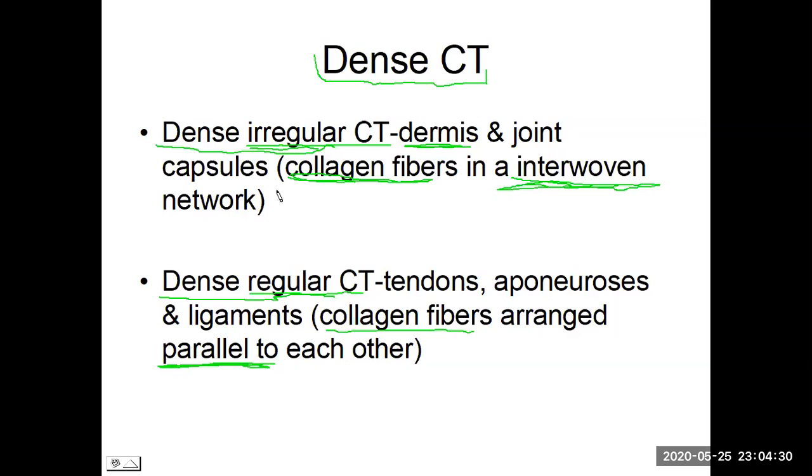So that's the difference between the irregular arrangement versus regular arrangement. And we see the locations for dense regular, tendons and ligaments are the great examples. This term aponeurosis is truly just a distinct shape and type of tendon.